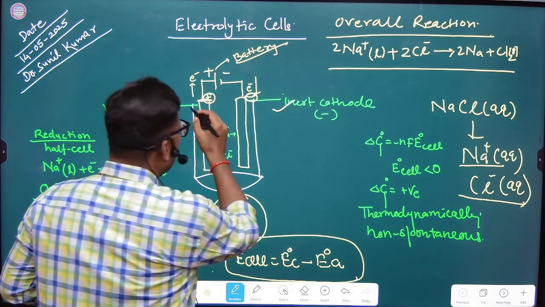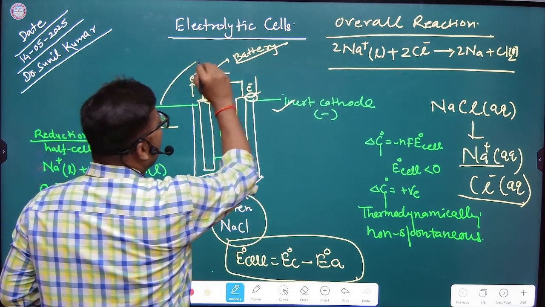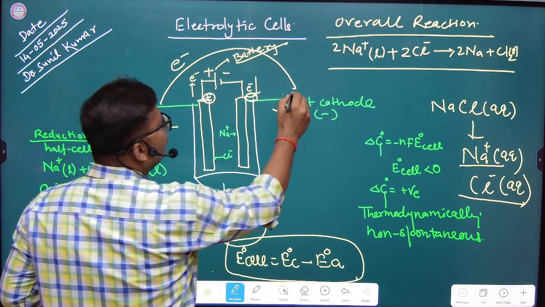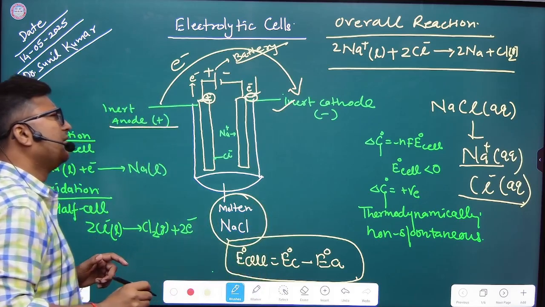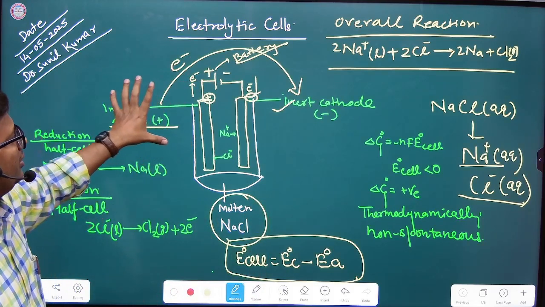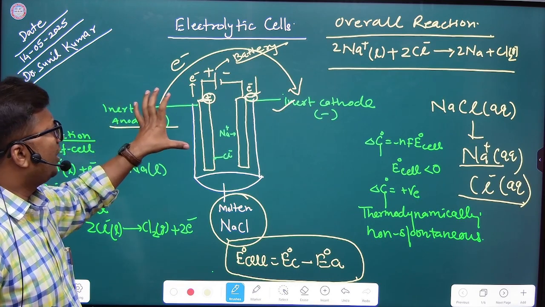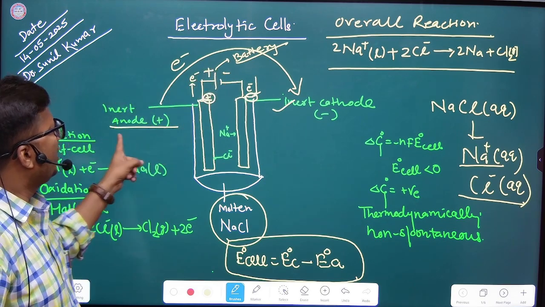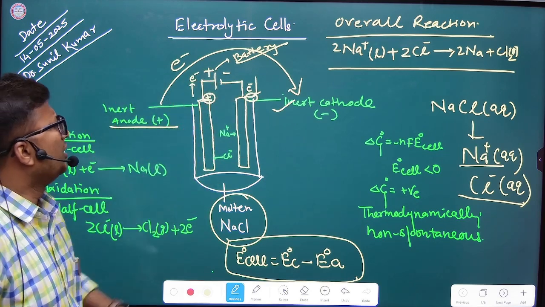Because electrons always travel from anode to cathode, this potential difference creates a flow of electrons from anode to cathode.